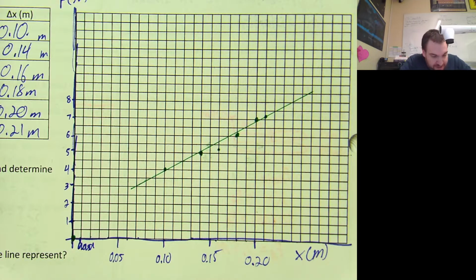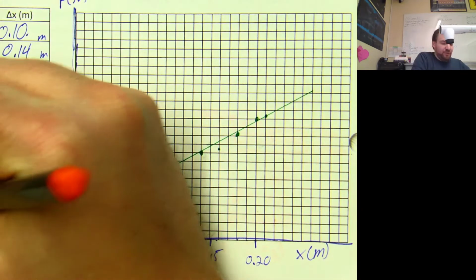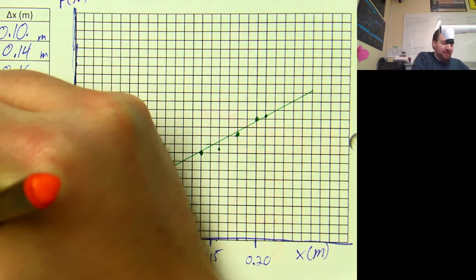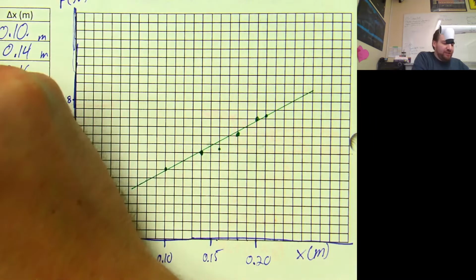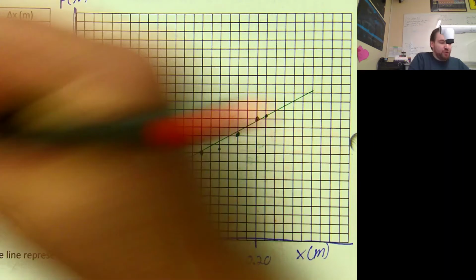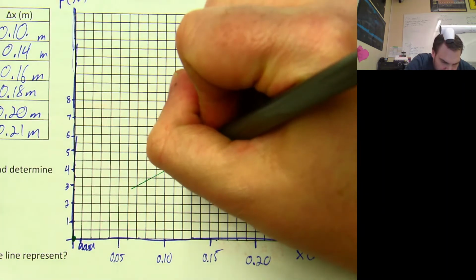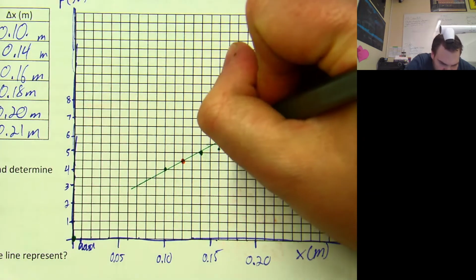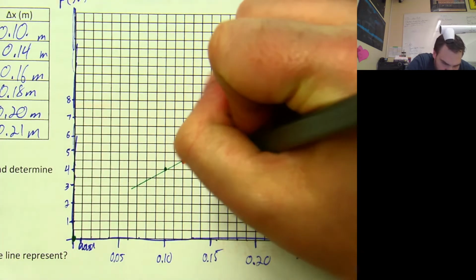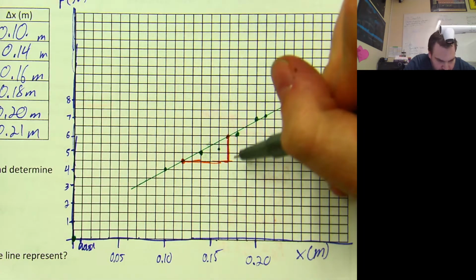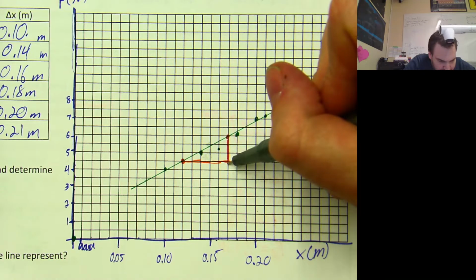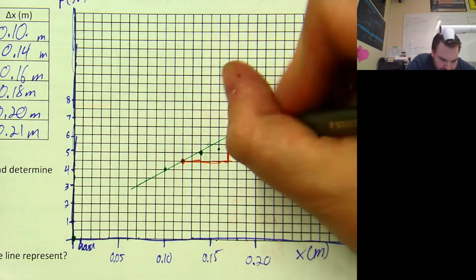So we want the slope of this thing. Formula for slope is? Rise over run, right? So you need 2 points that actually connect with the graph. I'm going to use that guy there, and that guy there. This is a rise, so that's 4.5 to 6, a rise of 1.5.